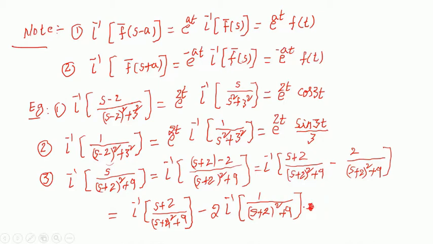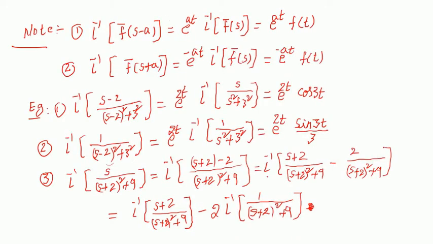You can write that one as e power minus 2t. By writing e power minus 2t, the role of plus 2 is completed. Now what are the remaining terms, L inverse of s by s square plus 9, can be written as 3 square, minus, in the second term also what is there in the place of s, s plus 2 is there, okay?